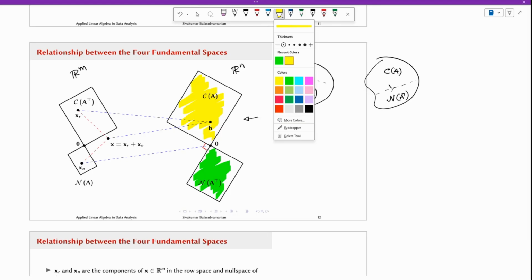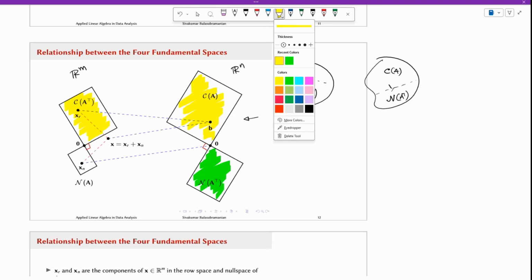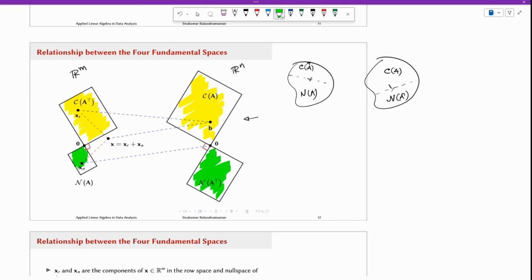Similarly, the row space is orthogonal to the null space. Now, if you take any vector x from Rm, we've got two complementary subspaces. In fact, we've got two orthogonal complements: the row space and the null space.